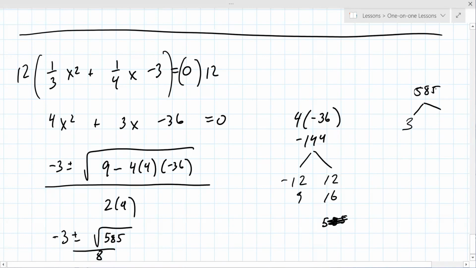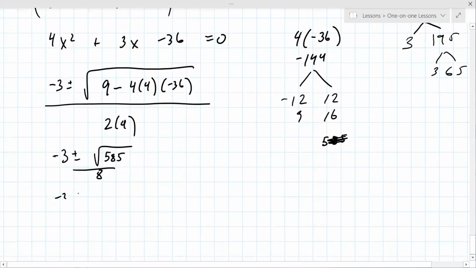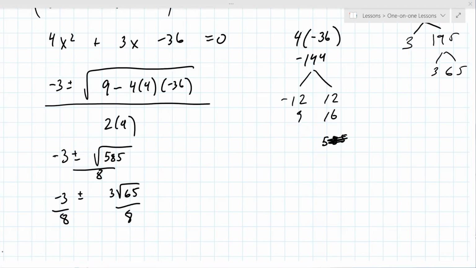Like 3 times 200 is 15 too big. But you can turn it to 3 root 65, though. Yes, that's where I was going. So it becomes negative 3 plus or minus 3 root 65, each of them over 8. Okay, that's fair. I wouldn't argue it's that much better than what you had, but it is a reduced improvement.